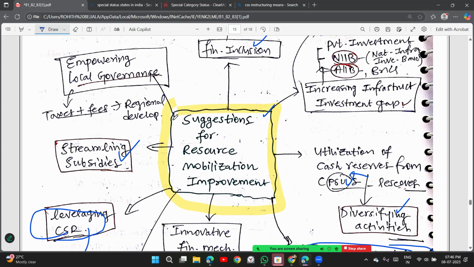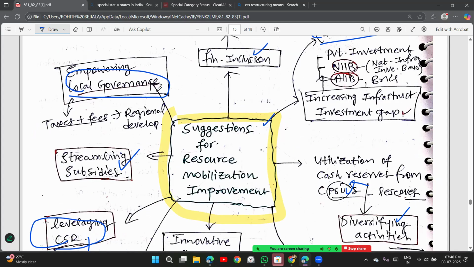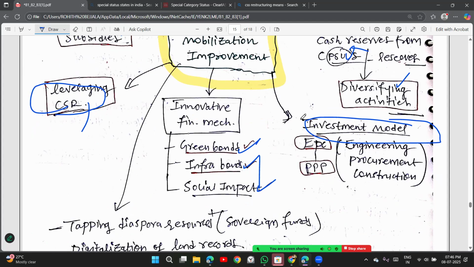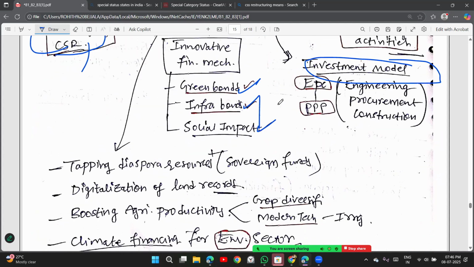And also, if we can empower the local governments by collecting taxes and fees at panchayat level, at grassroots level, that will improve resource mobilization there, and obviously it will lead to development.